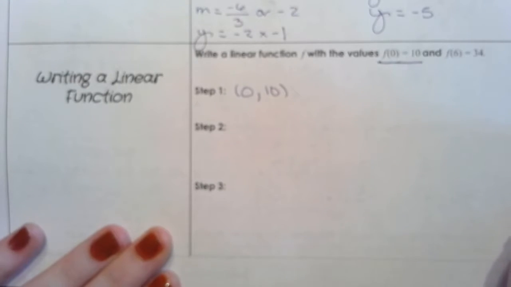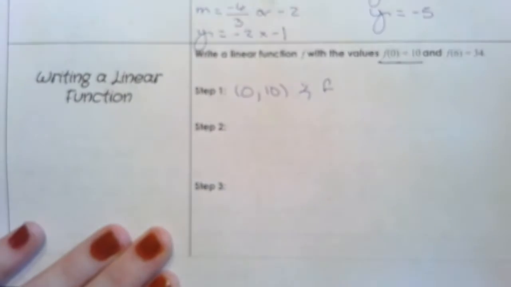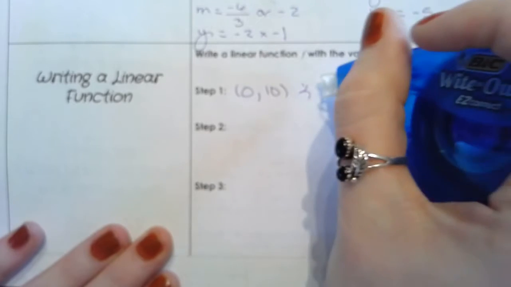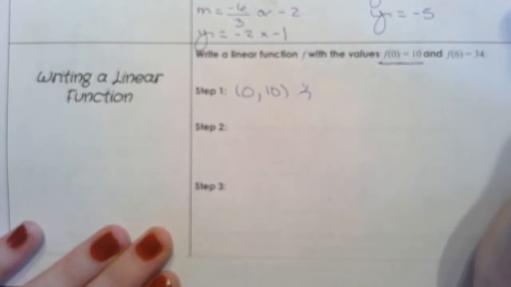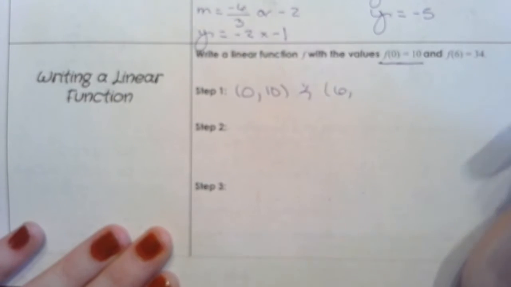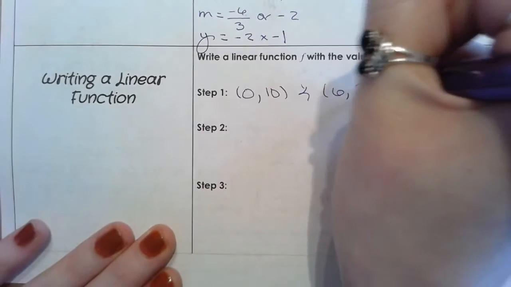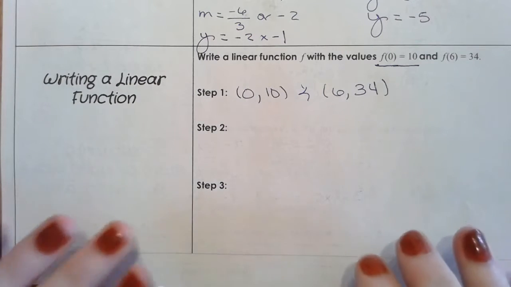Okay, I'm going to go ahead and do that with the next one. So we know that f of 6 equals 34. My input is 6, x is 6, and my y is my output, which is 34. So now I just have those 2 points.